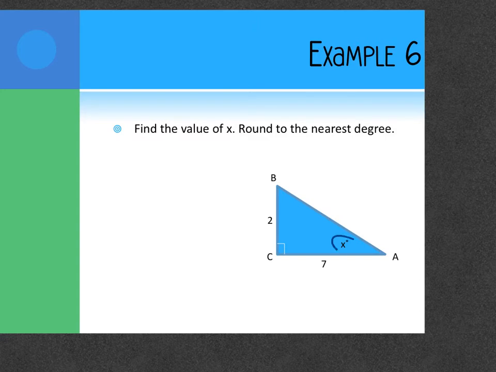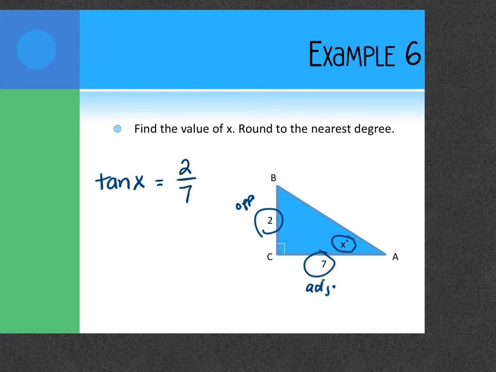So I look at where x is and the relationship between that and 2 and 7. In respect to x, where's 2? Opposite. Where's 7? Adjacent. What trig function am I going to use? Tangent. So tangent of the angle, which I don't know, that's why it gets an x, equals 2 over 7. So instead of it being a decimal this time, it's a ratio.